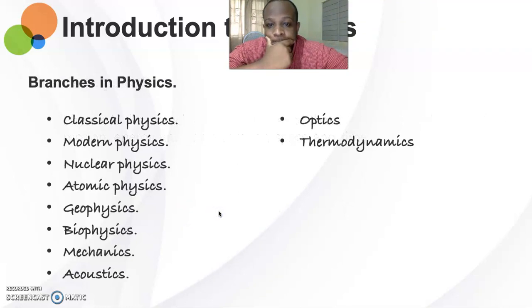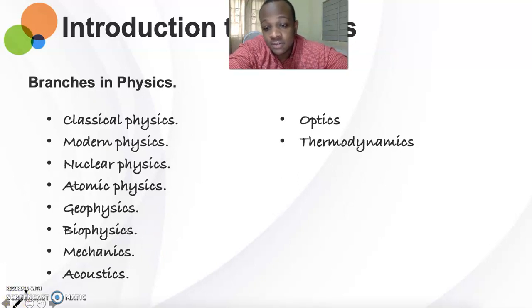All right. So there are many branches in physics, but the main branches are classical physics, modern physics, nuclear physics, atomic physics, biomechanics, acoustics, optics, and thermodynamics.